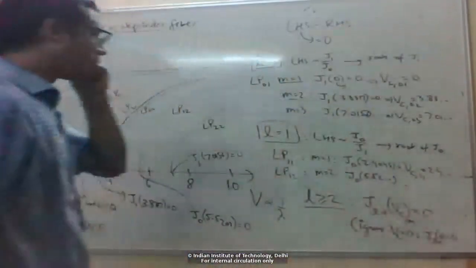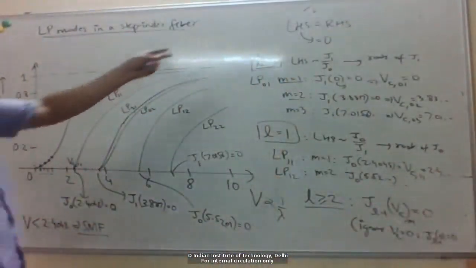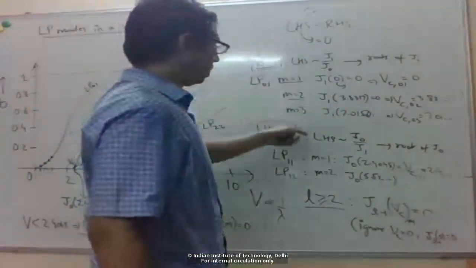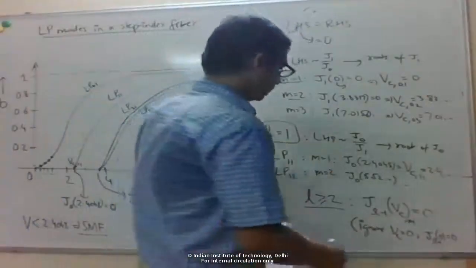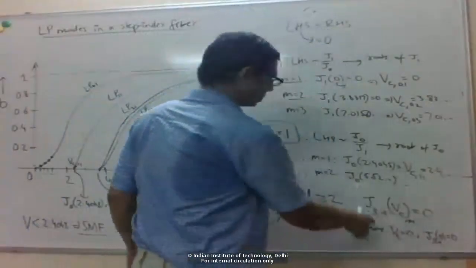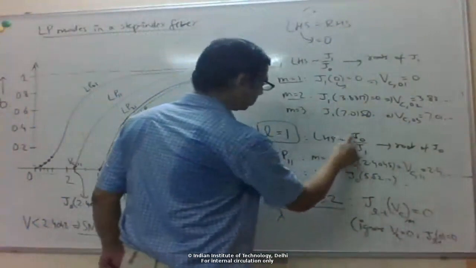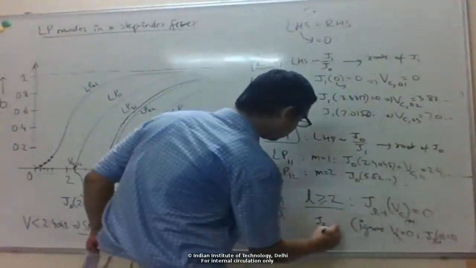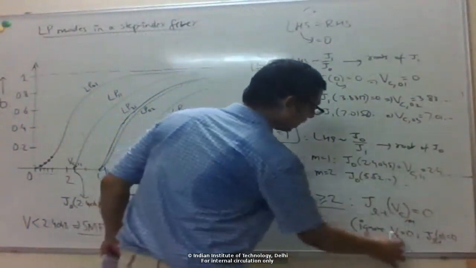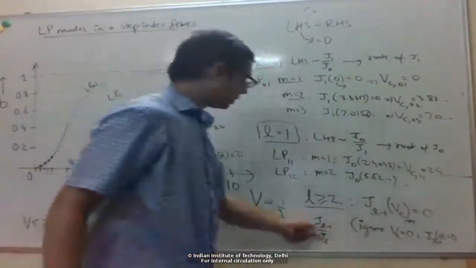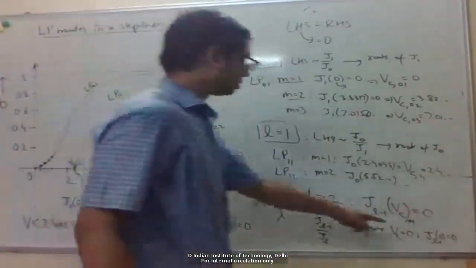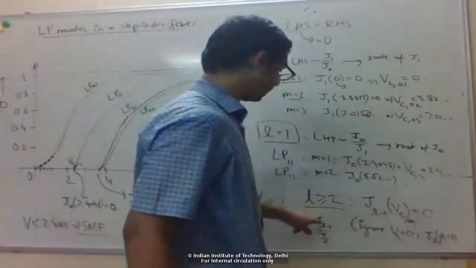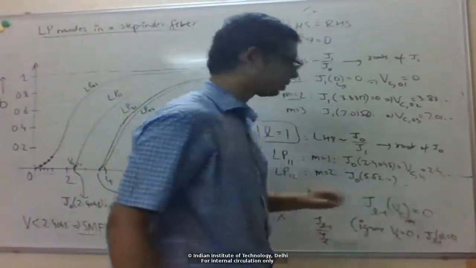We ignore this because at 0, both are 0. So J(L minus 1) by J(L), both are 0 at V equal to 0, and the ratio is actually finite. So we ignore that first 0 and then look for the successive roots of J(L minus 1).